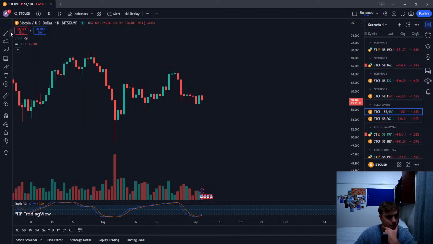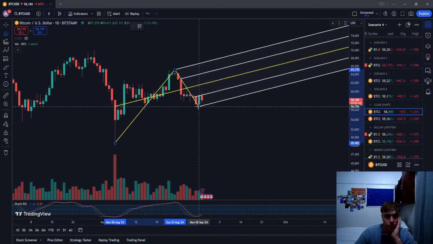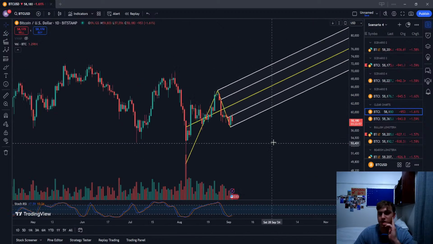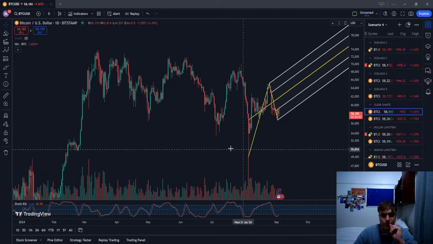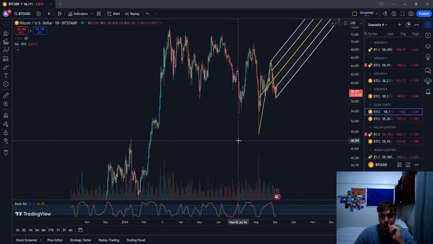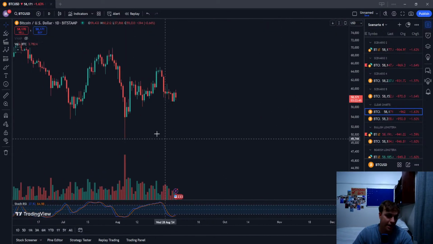Let me quickly find them here. Pitchfork, shift pitchfork. So you take the low to a high, down to a low, and this is supposed to give you a nice area of support, resistance. That's what he says.